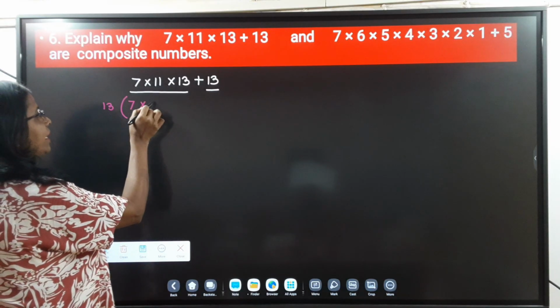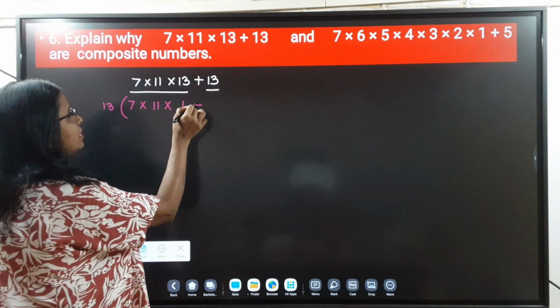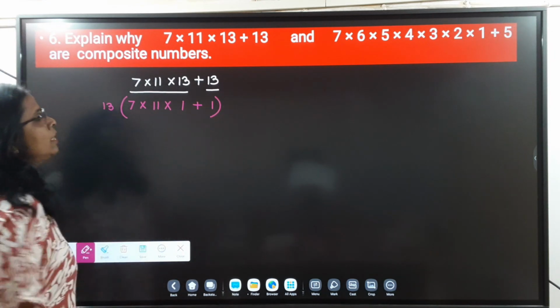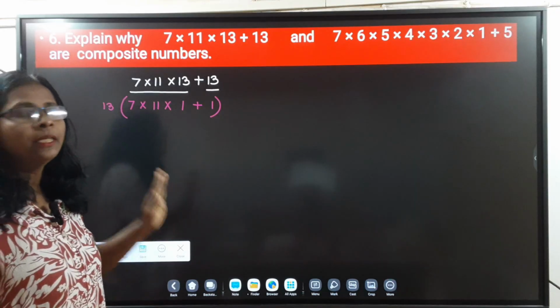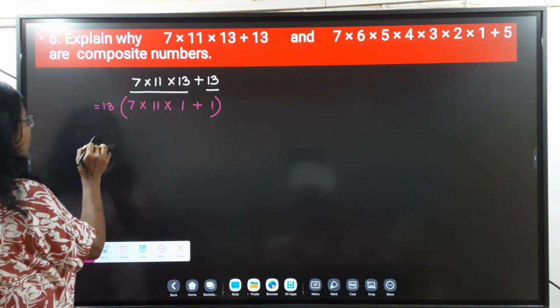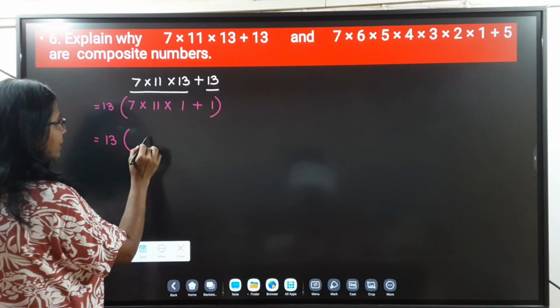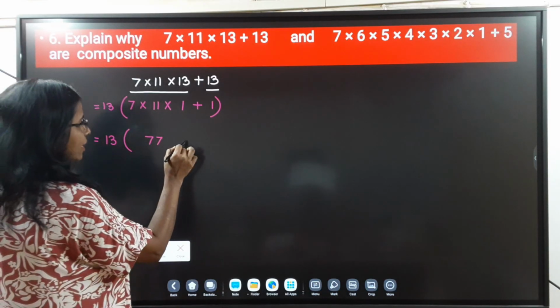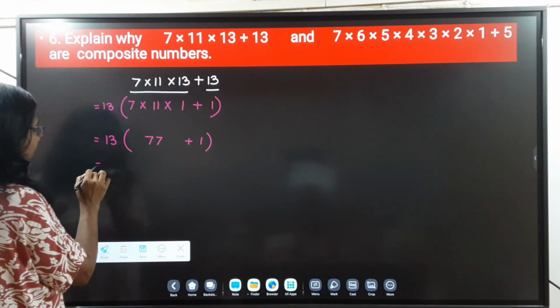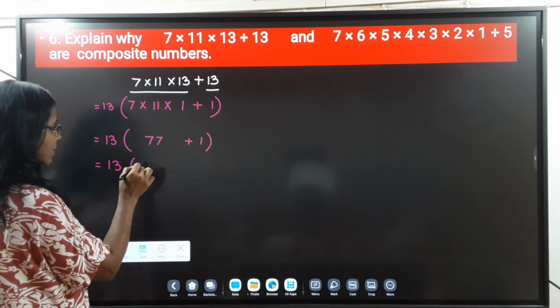We write 13 into the bracket 7 multiplied by 11 multiplied by 1, plus 1. That is 13 multiplied by (77 plus 1), so 13 multiplied by 78.